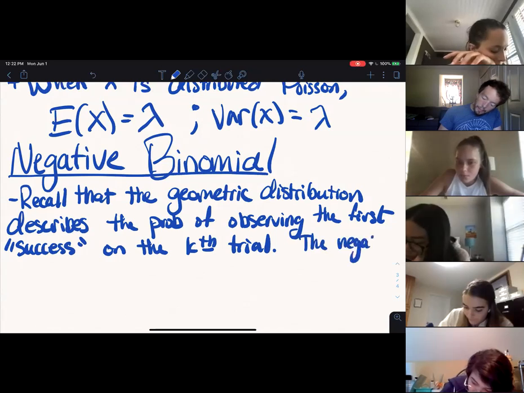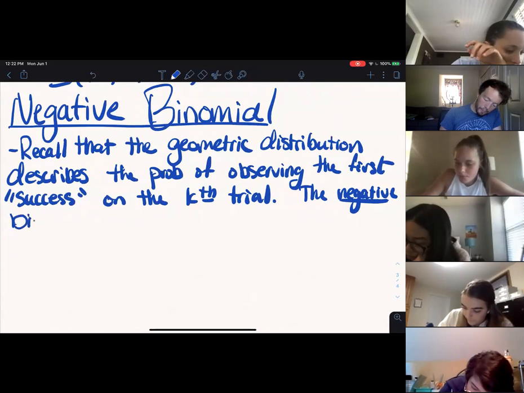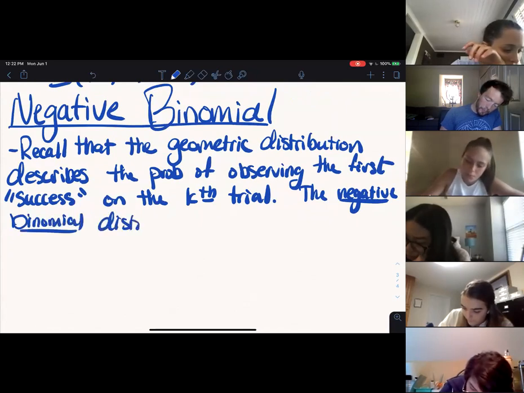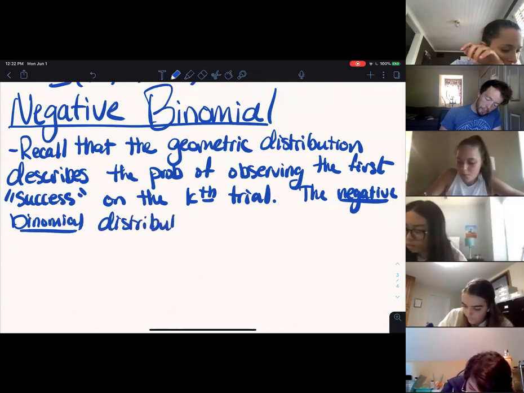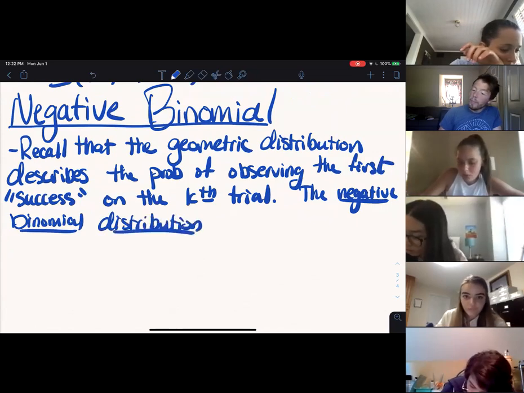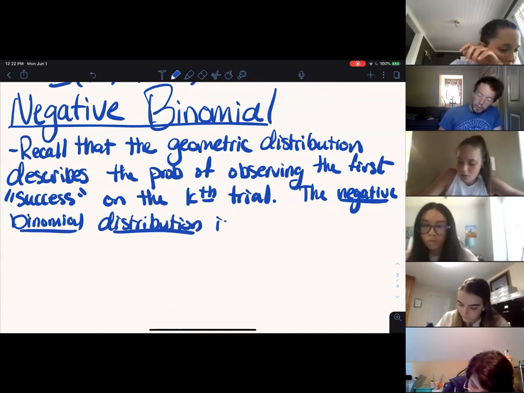The negative binomial distribution is more general.